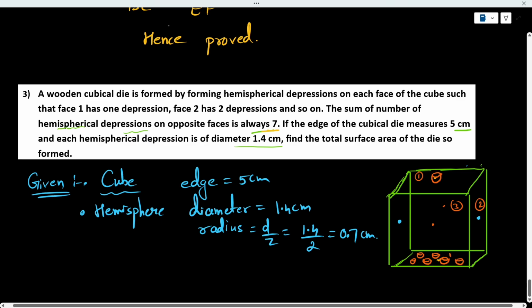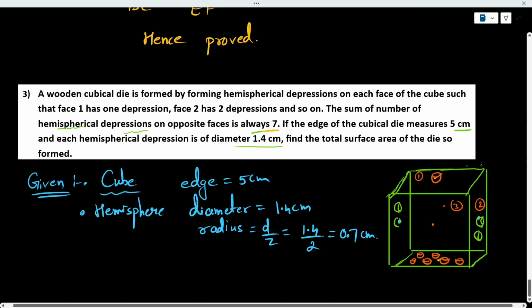Now on face 2 there are going to be 2 hemispheres, right? So if I draw face 2 here, with 2 hemispheres, how many hemispheres are going to be on the opposite face? There will be 5, right?